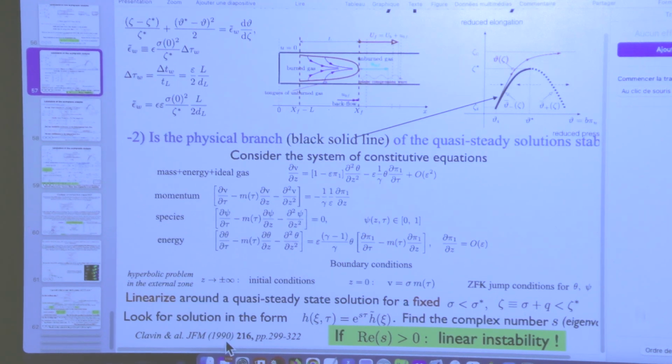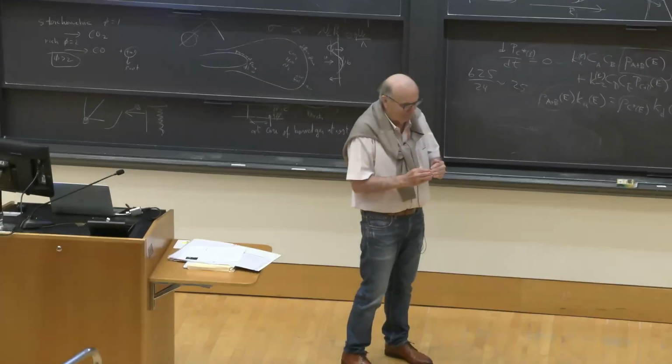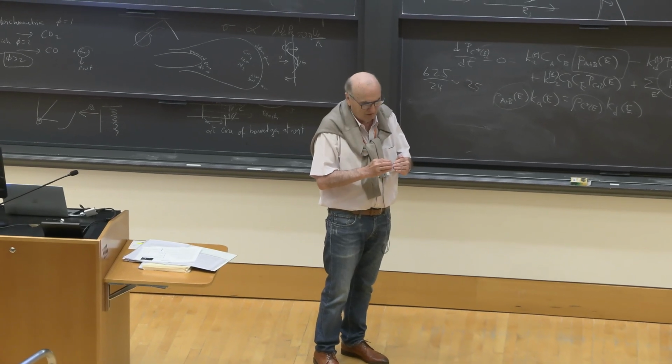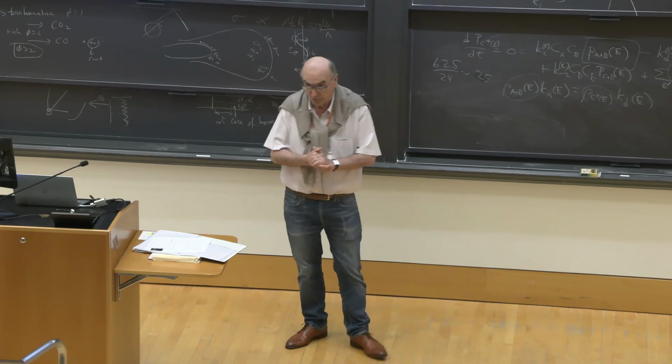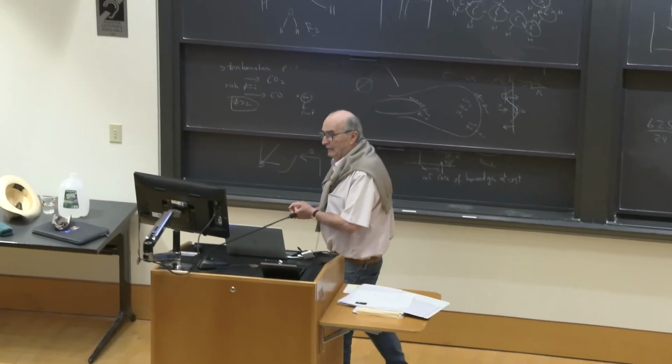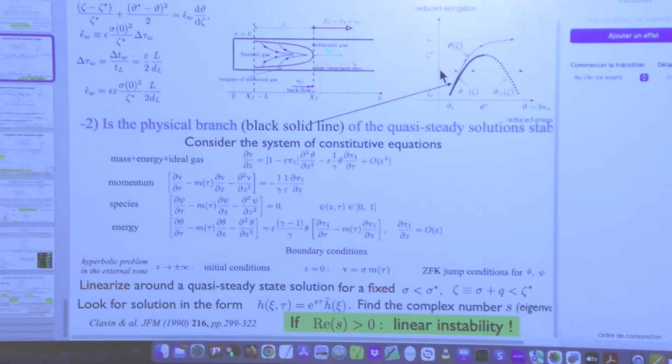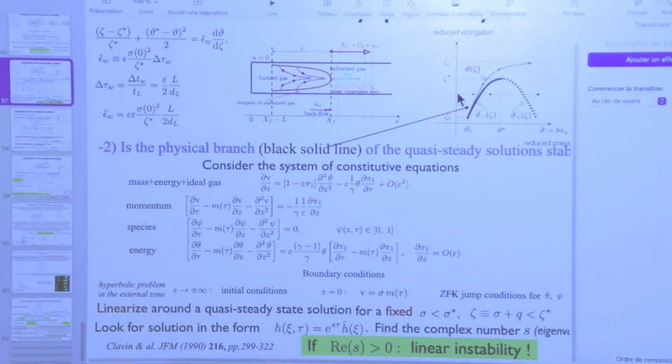And now the problem is the following. You consider a fixed elongation, and you look at what the response of the steady solution is going to be when you put in a fluctuation of the pressure. How does it work? And it turns out to be unstable. What does that mean?